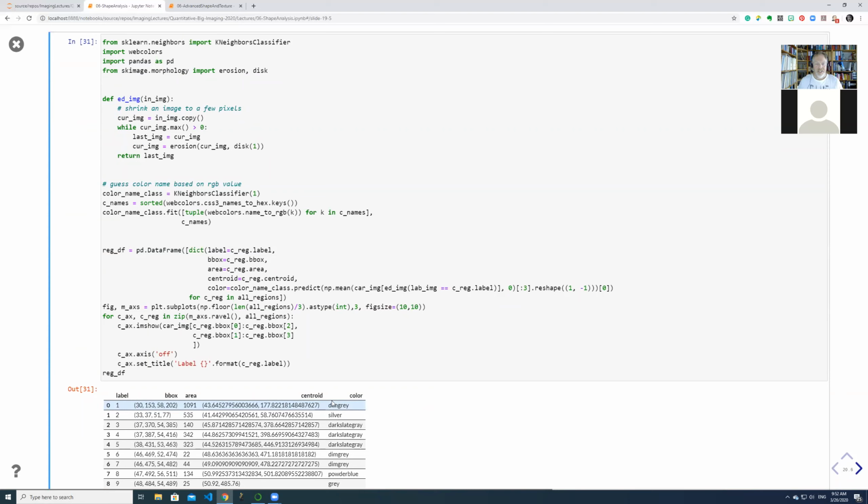Based on the average color, with the help of a function called web colors, you can actually give a kind of a rough estimate of which color these different cars have. So mainly it's dim gray, silver, dark slate gray, powder blue. So it's not very exciting cars that are driving around in Aachen at this time.